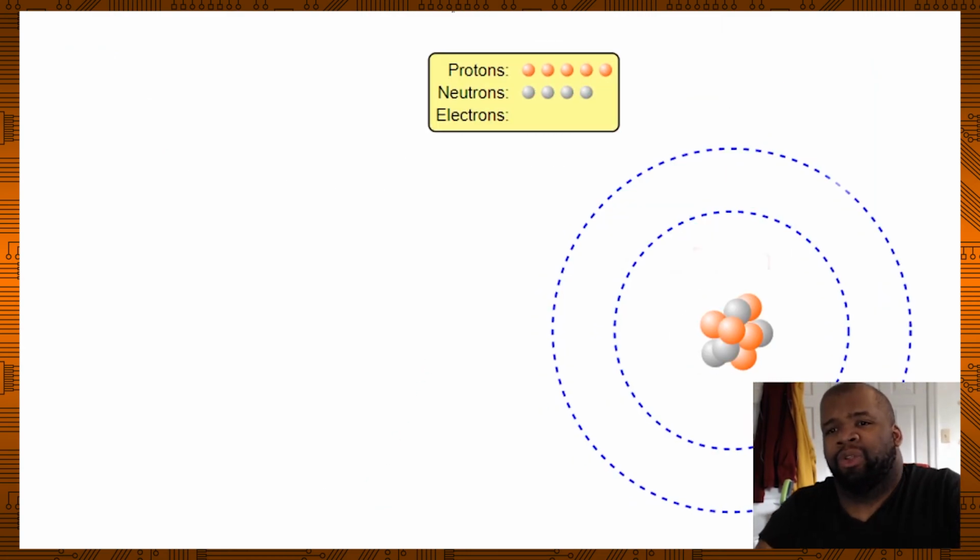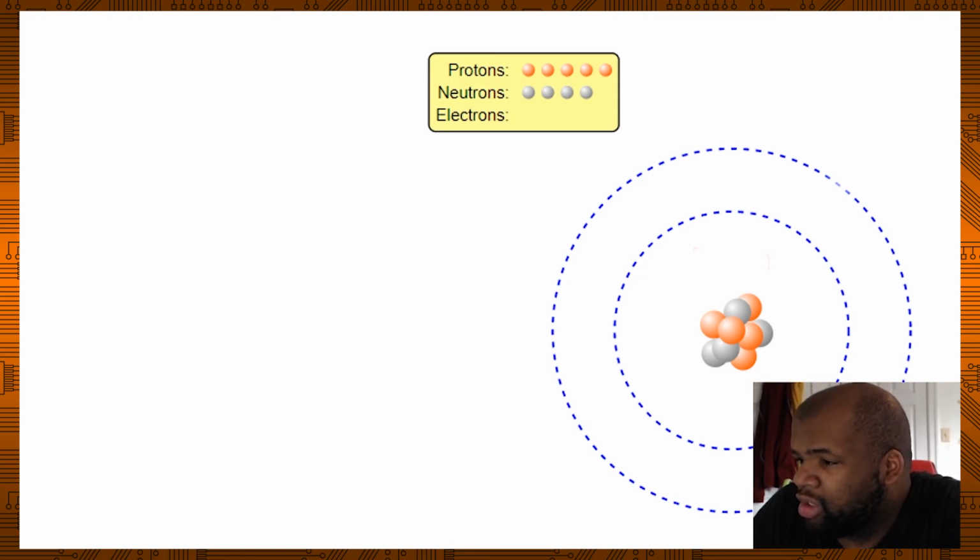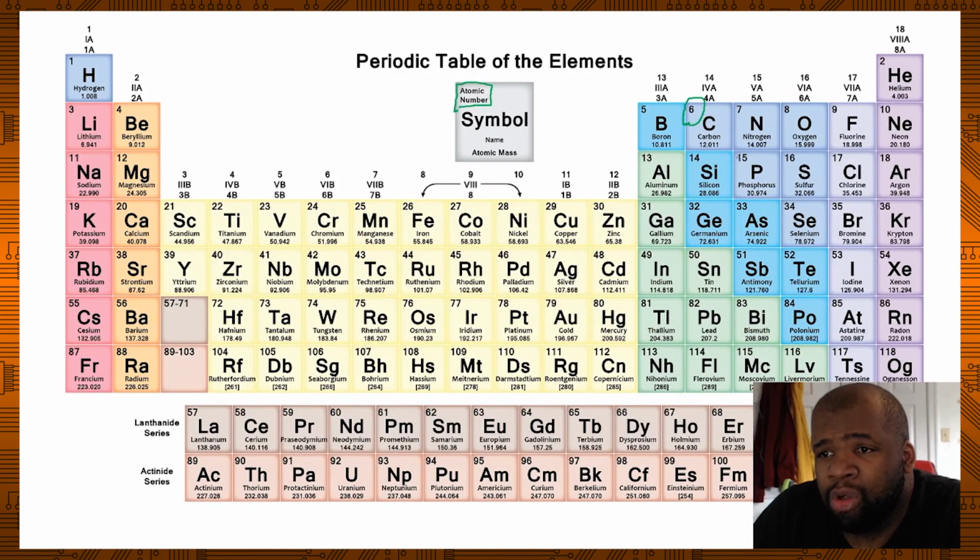All right. So this one here, I'm actually going to change the color of my pen. Let me get the purple. If we take a look, we see that we have 1, 2, 3, 4, and 5 protons. Since we have 5 protons, let us now flip back to the periodic table. What has an atomic number of 5?